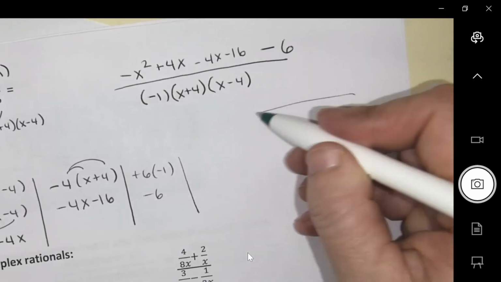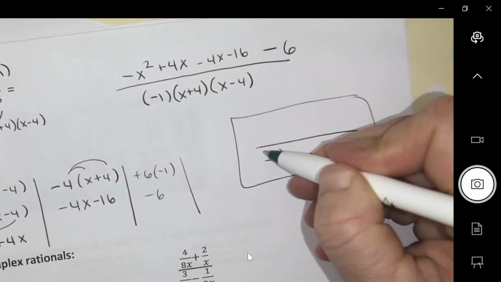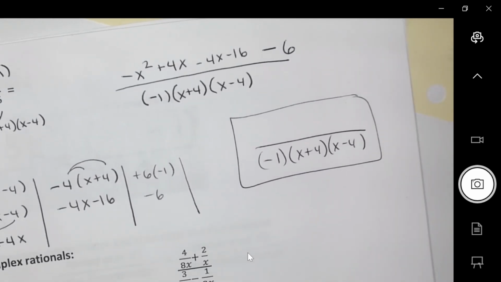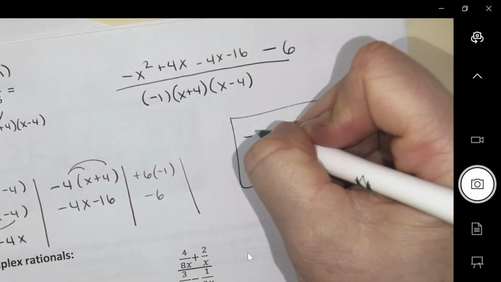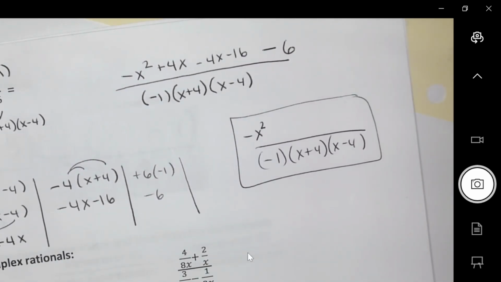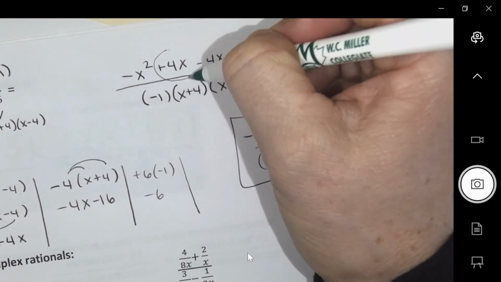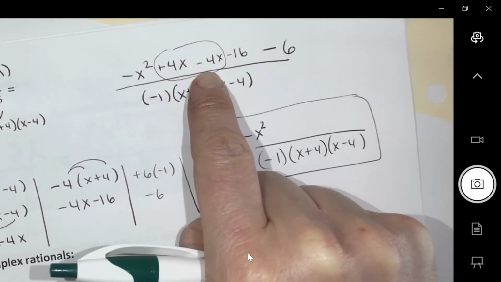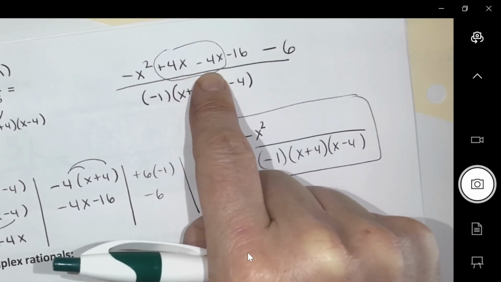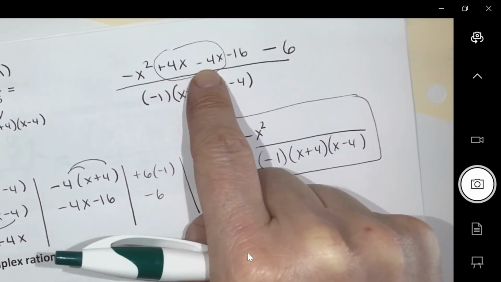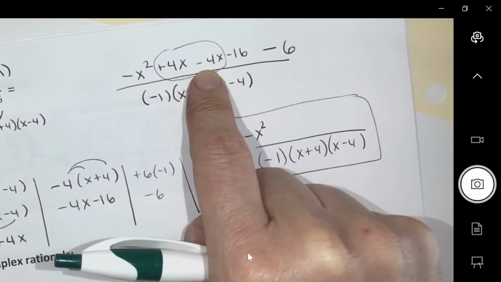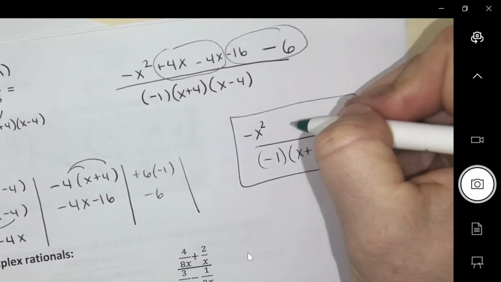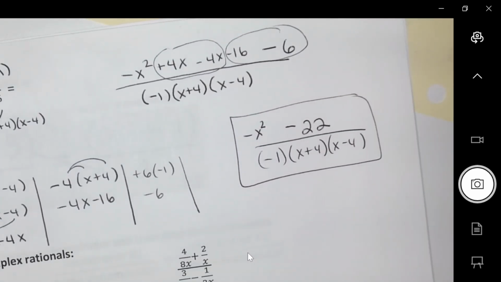So the last step is just grouping anything that you can together on the top. So negative x squared is alone, right? What happens to you when you put those 2 x terms together? You get 0x, so I'm just not writing anything. And then I can group that, so minus 22.